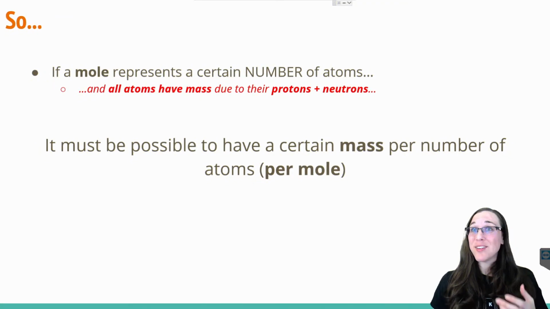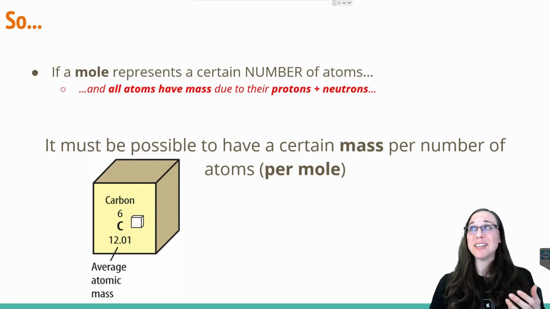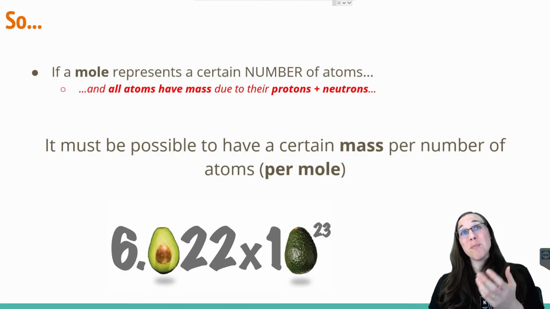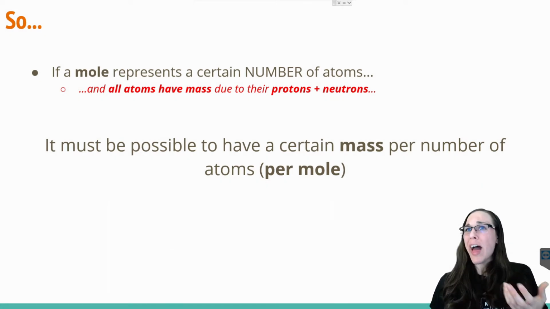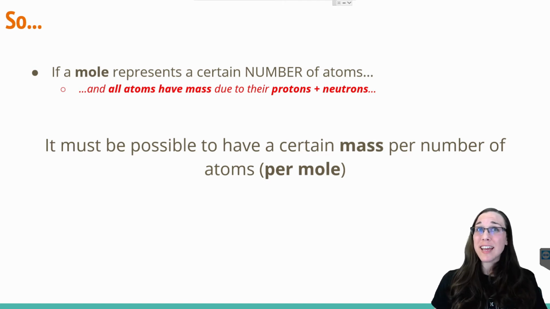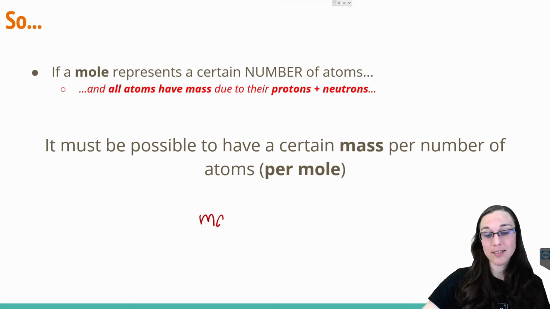So if every atom on the periodic table has this AMU, and a mole represents a certain number of atoms, and all atoms have mass due to their protons and neutrons, then it's possible to have a certain mass per mole. In other words, we can have a mass in grams, as we mentioned before, per mole.